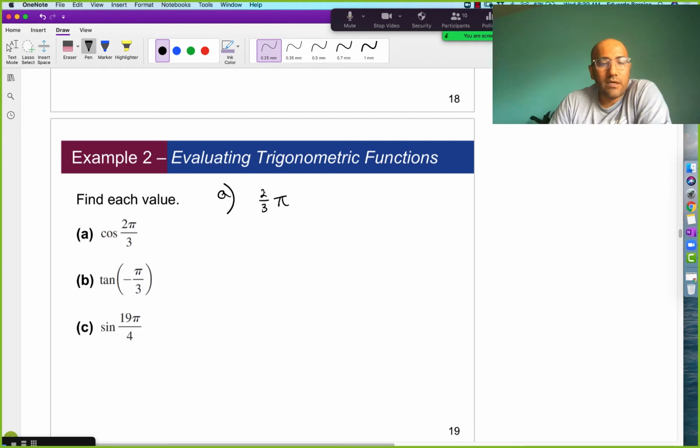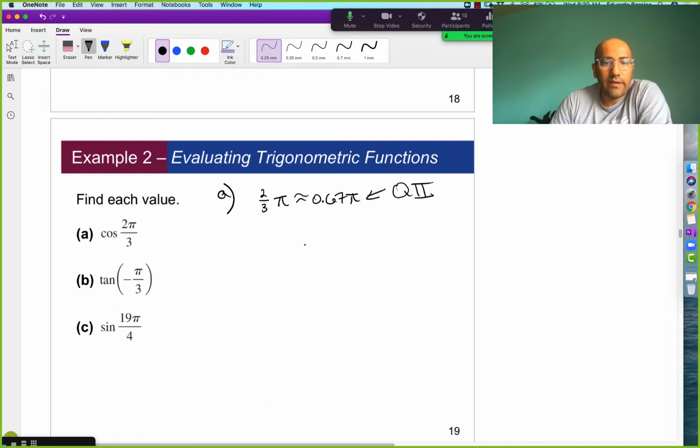So from here it's clear that it is less than 1 whole pi, since this fraction is less than 1, and it's bigger than half, since 2/3 is about 0.67, right? So it's approximately 0.67 pi. Okay, so this is going to be in quadrant 2.